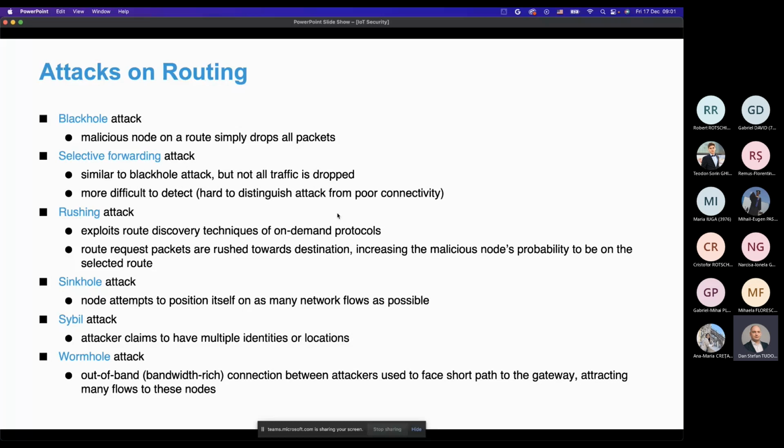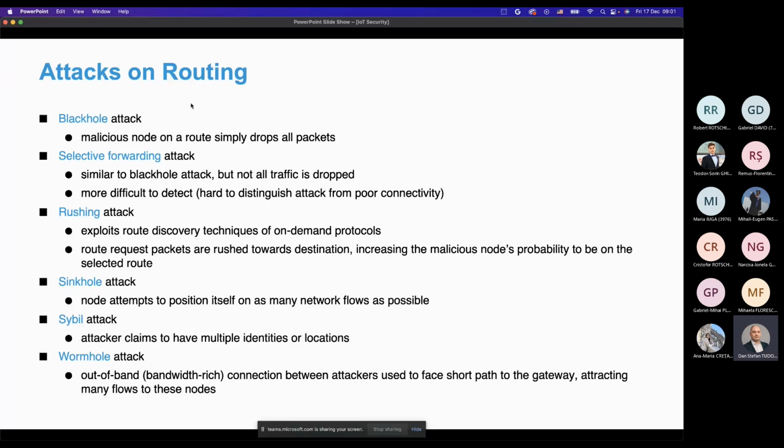So the network automatically tends to route more and more traffic through that link. With this approach, the attacker nodes can fake an efficient and short path to the gateway of a network. So you can attract a significant amount of traffic and enable a variety of other attacks, such as black hole or sinkhole attacks. So it's kind of a devious scheme to trick the network into sending more data to you. And routing attacks usually employ such a scheme.